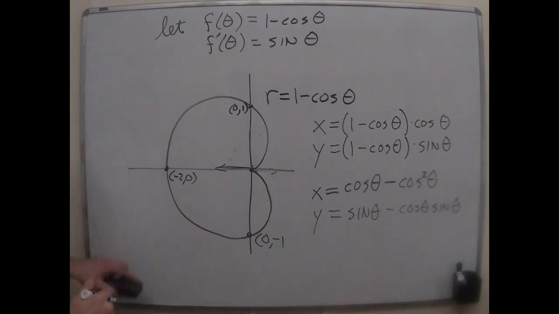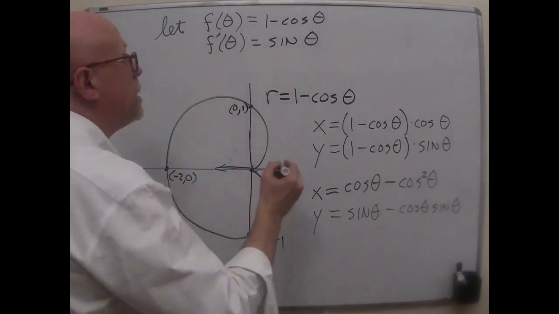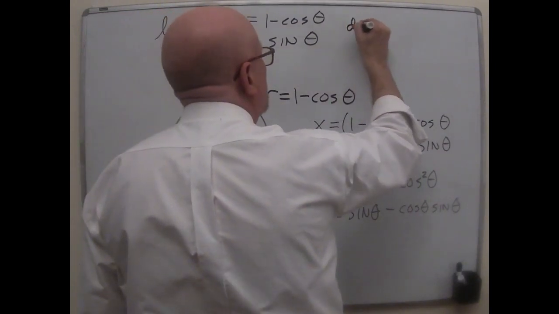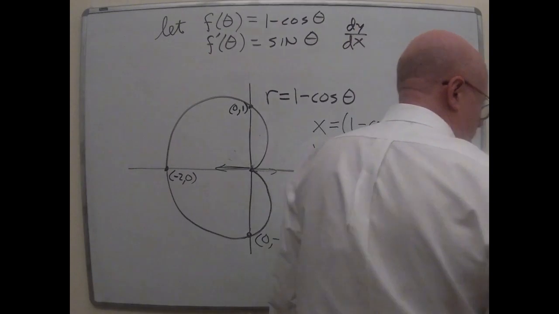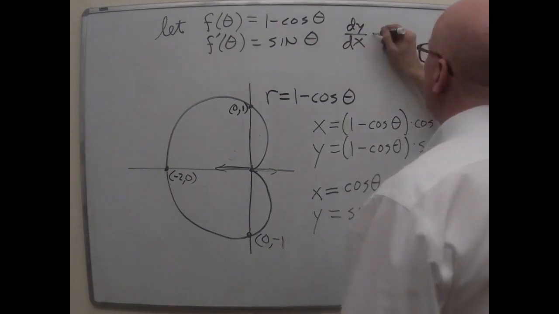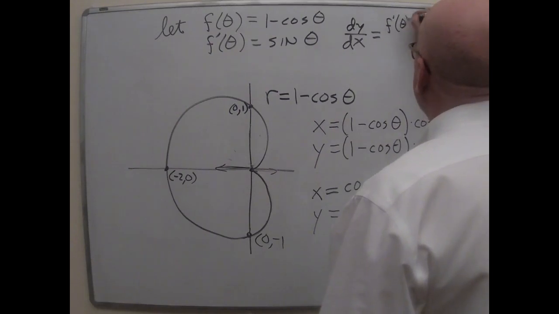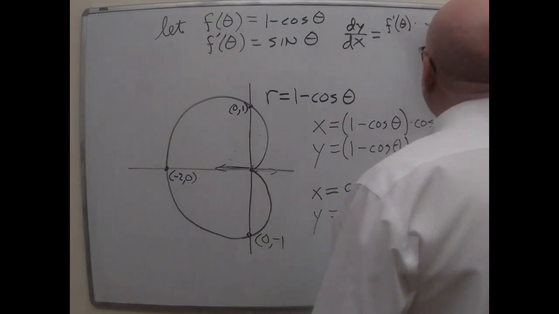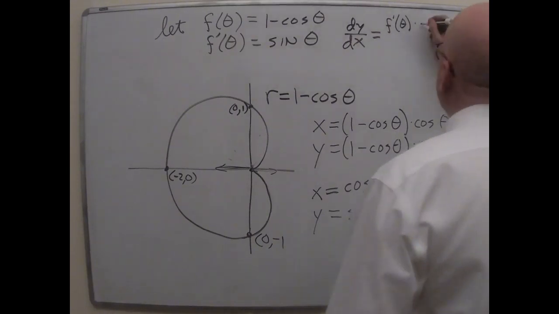Right? And the thing we had worked out for the slope, dy dx, remember the quotient rule showed up, so we had f prime of theta times, be careful, times sine.